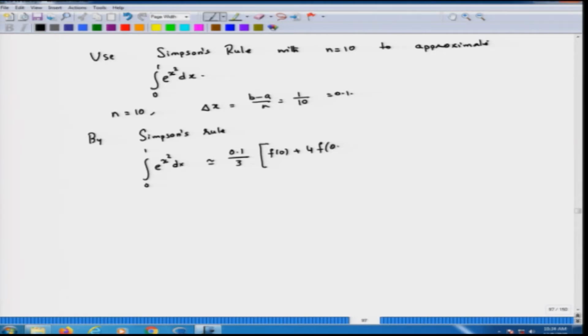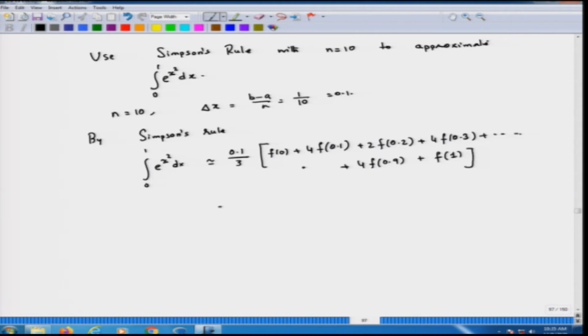So, this is f of 0.1, plus 2 f of 0.2 and plus 4 f of 0.3, and so on, plus 4 f of 0.9 plus f of 1. That is what we are going to get.